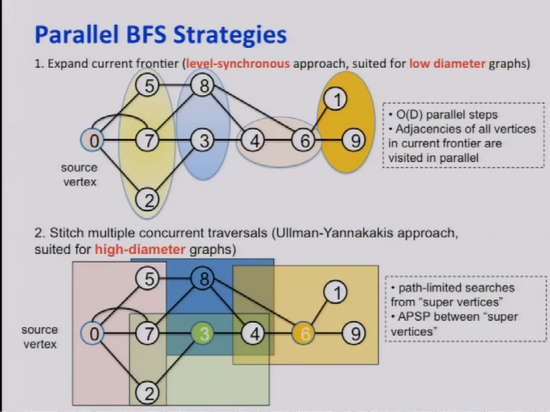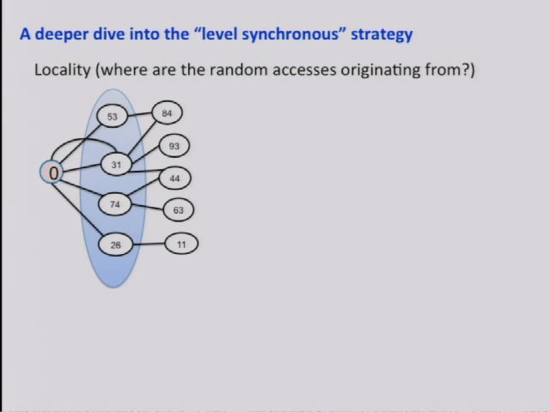It's a much more complicated algorithm than the level-synchronous one. And I actually didn't see a parallel implementation in the current architectures. So if somebody is interested, it might be a great project. But we'll be talking about more simple things, the level-synchronous strategy.